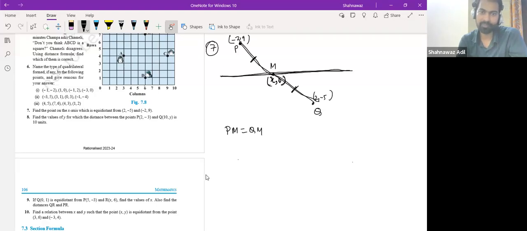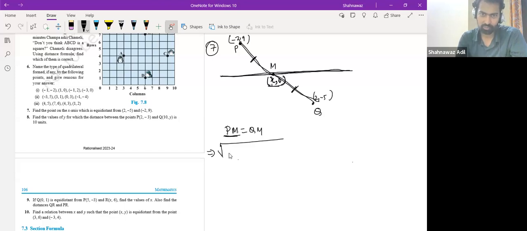So what is PM, Talha? What is PM distance? This is your x2, y2. This is x1, y1. So PM is equal to under root of x2 minus x1, and so on. So P is x1, y1 and M is x2, y2.